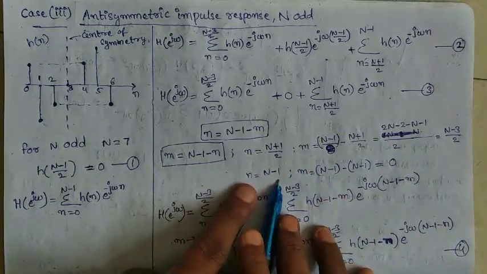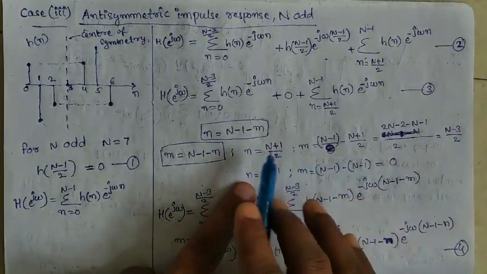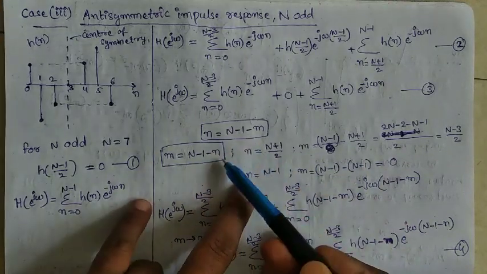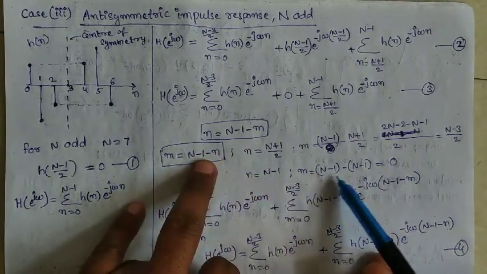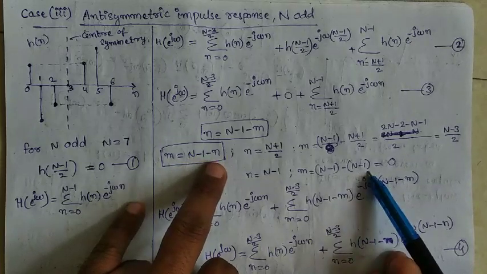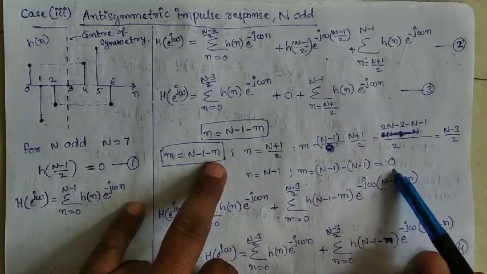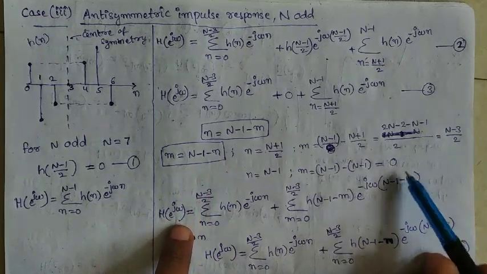Similarly, here n is equal to capital N minus 1. The m value is capital N minus 1 minus capital N minus 1. These two get cancelled, so it is 0. M is 0.